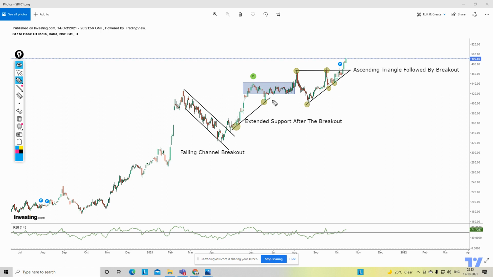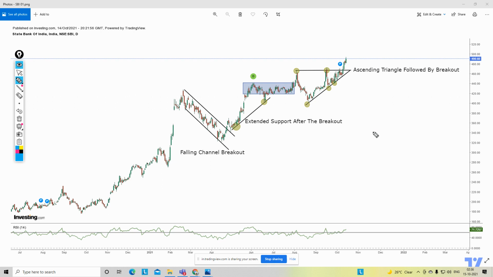It did break the consolidation range once, but as you can see, fantastically, it took the support of the extended trend line after the breakout. You can say that it broke the consolidation, but it exactly took the support of the extended trend line after the breakout.